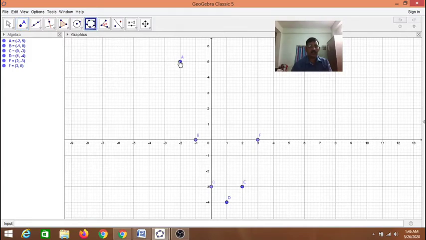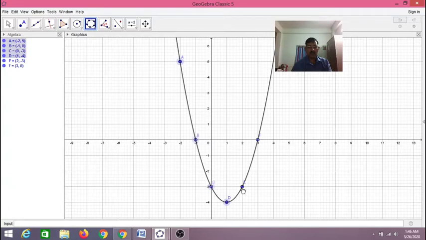You get a parabola, of course. You can see the parabola. Now you can see that minus 1 comma 3 are the zeros of this graph.